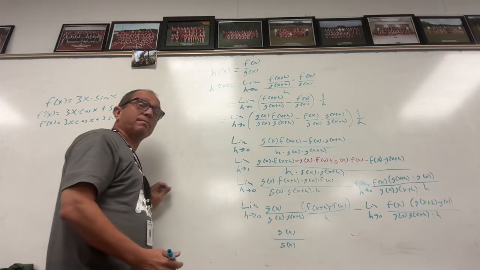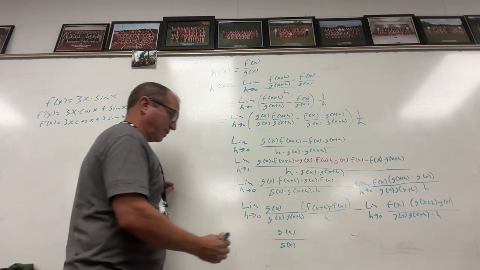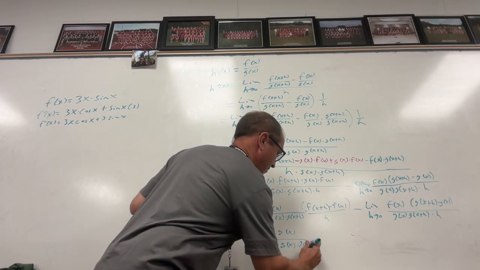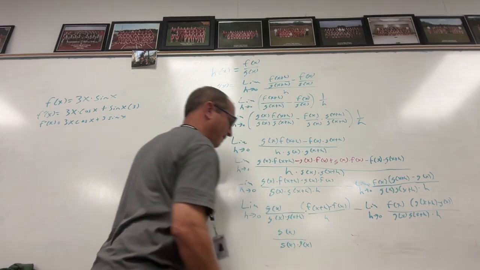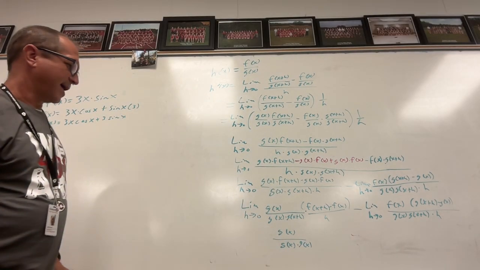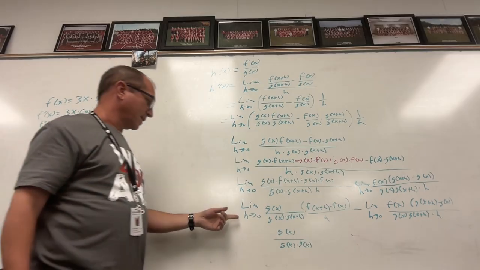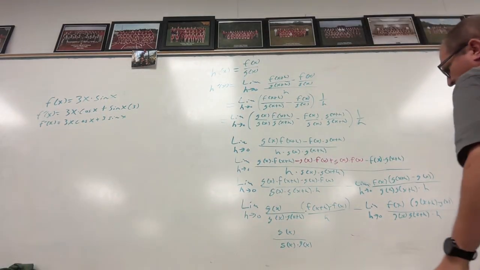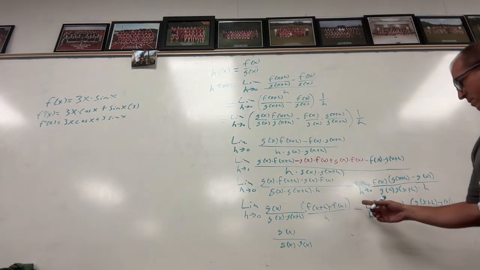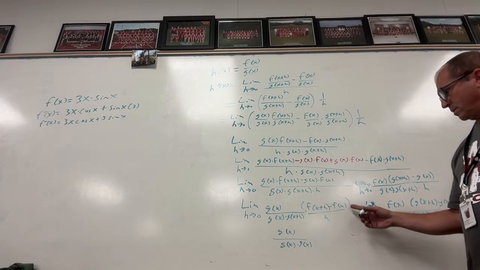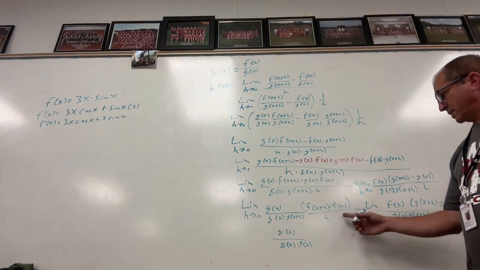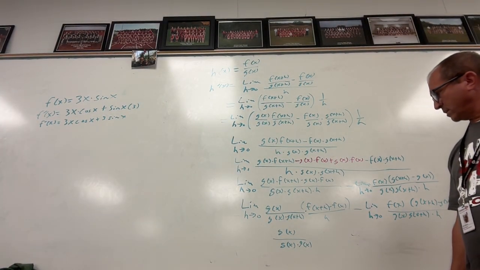No, not 0. It'd be g of x. All right? Now, what is the limit as h approaches 0 of f of x plus h minus f of x over h?